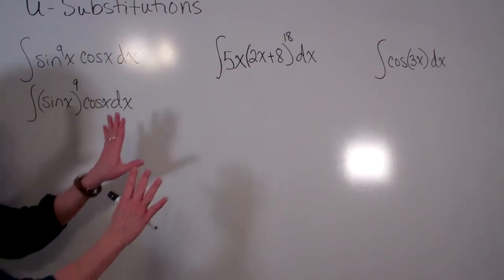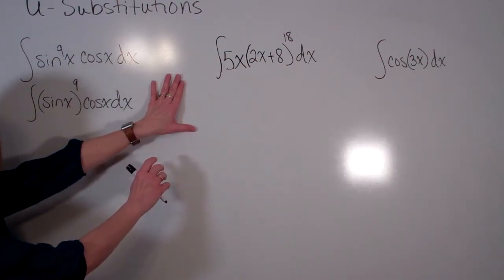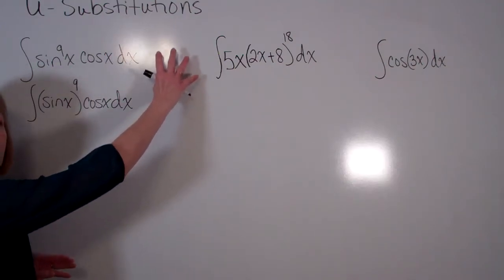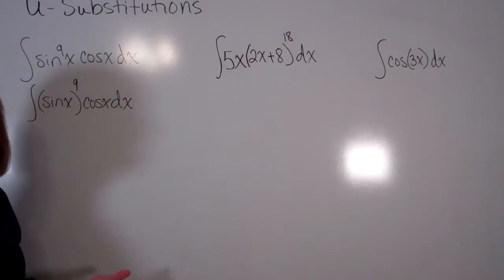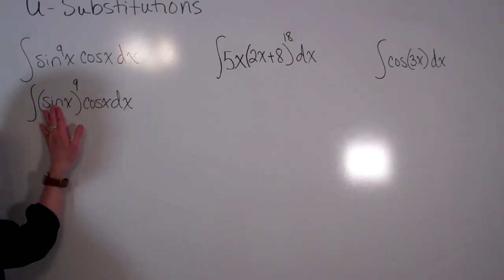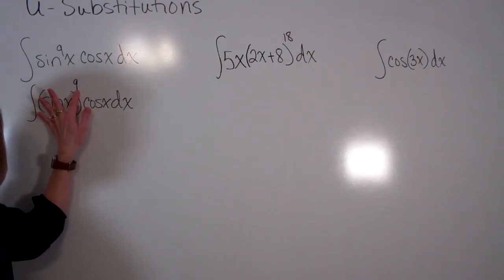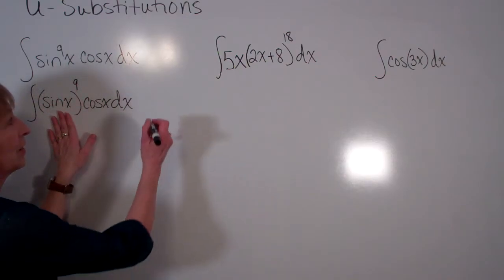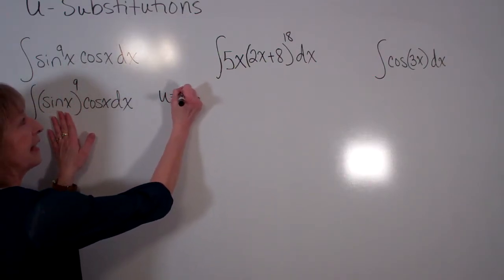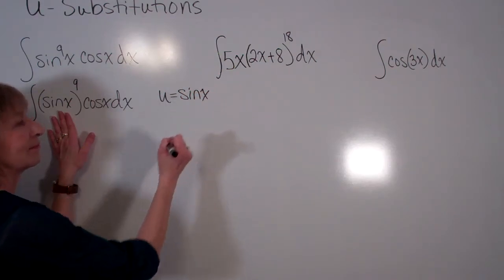With the u-substitution, you're going to have a workspace over on the side. On the workspace, we're going to assign u, which is the variable commonly used, to be the expression that's being acted on. So this power of 9 action is on this sine of x, so I'm going to let u represent sine of x.